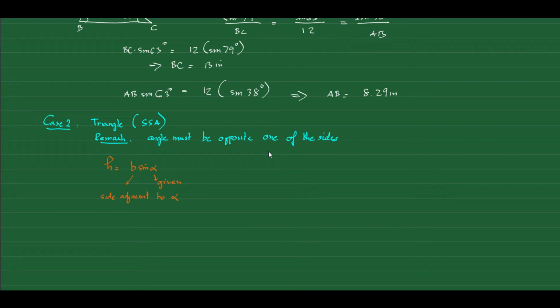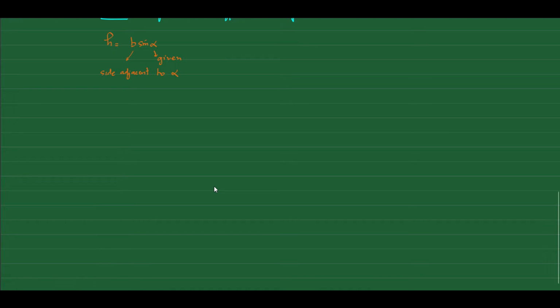And then after you determine what alpha and the b value are, you need to determine whether alpha is an acute angle or an obtuse angle.